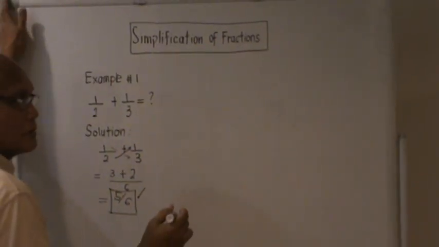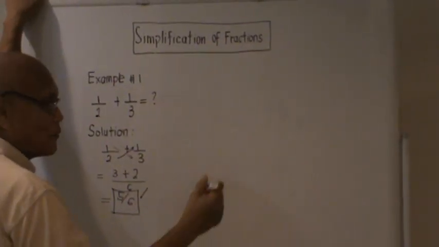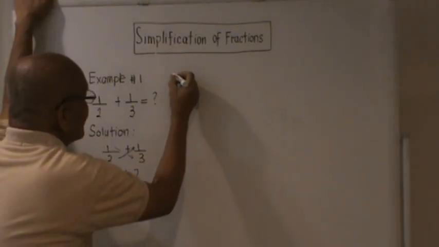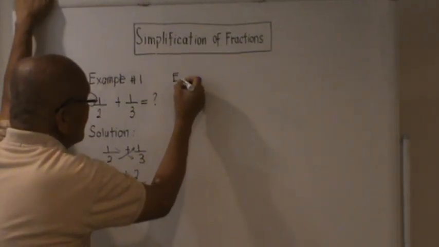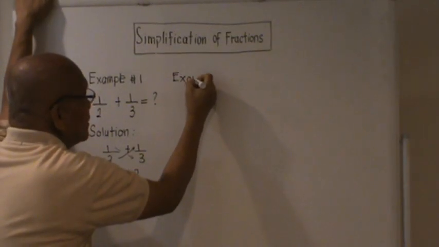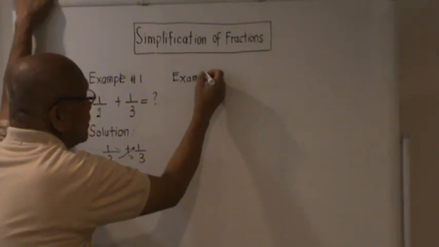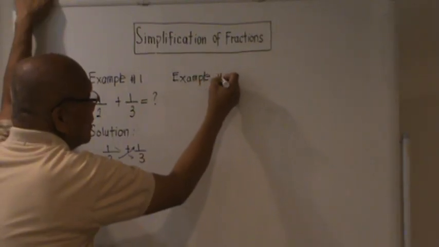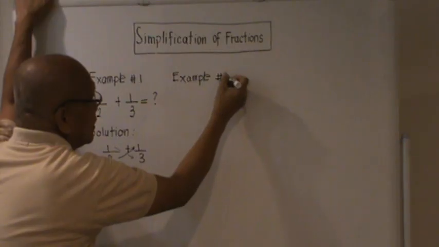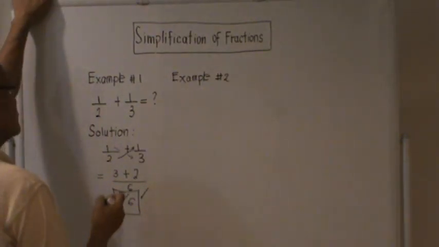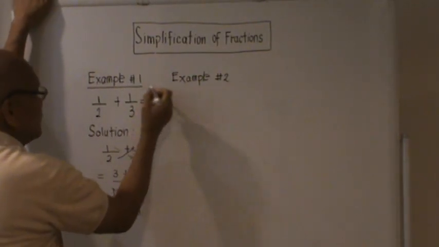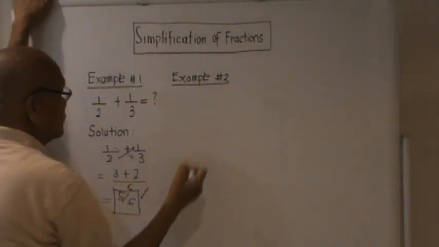Supposing we got another type of problem, we'll call this example number 2. That's example number 1, that will be example number 2.